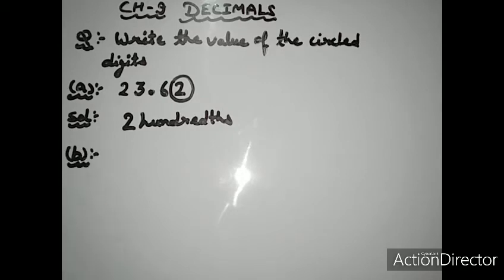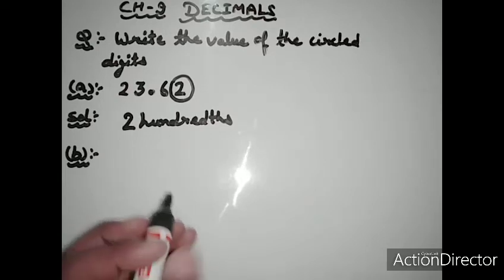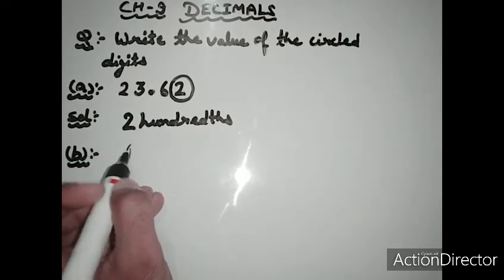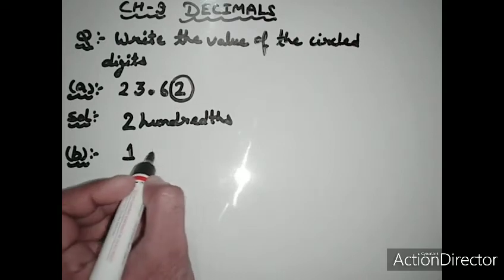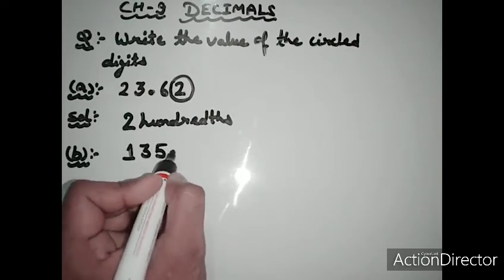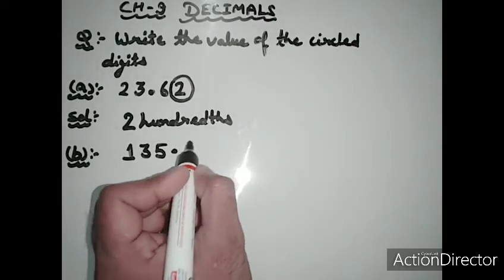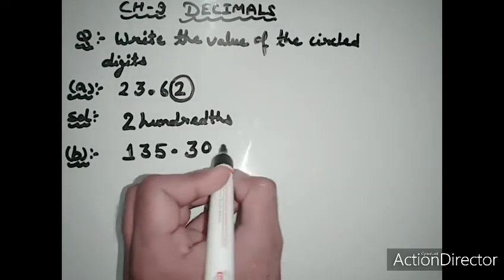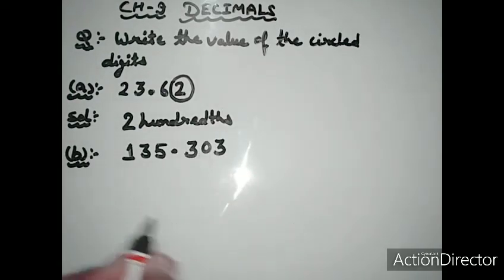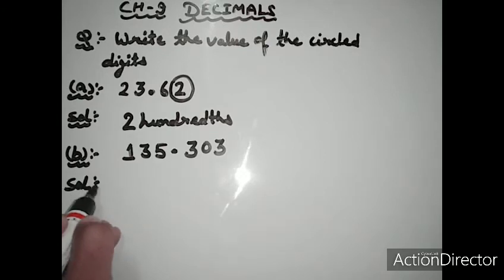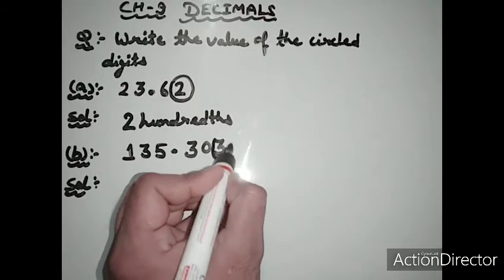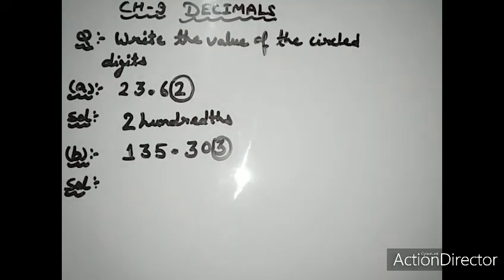Okay, now B part. Here we take the next number, 135.303, right? And circle this number 3.